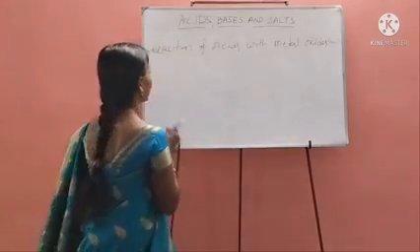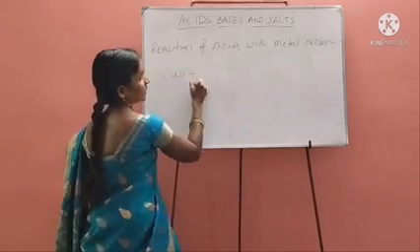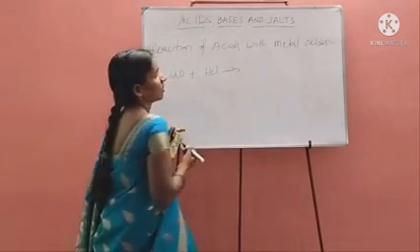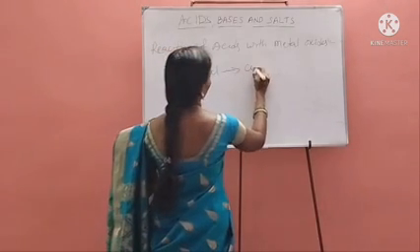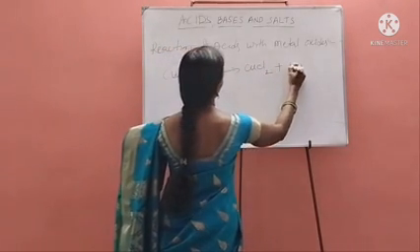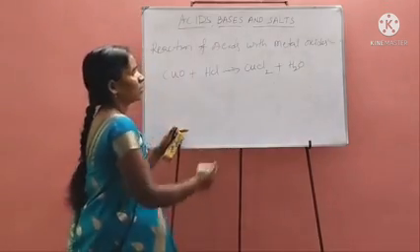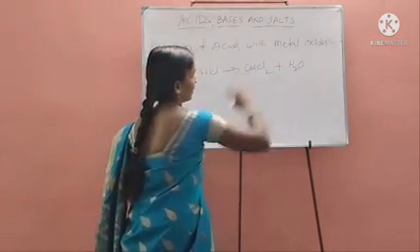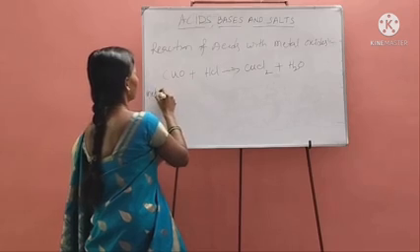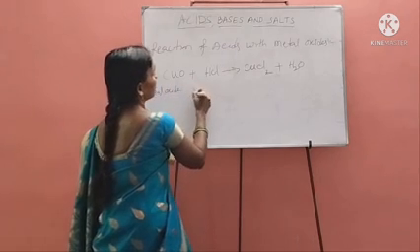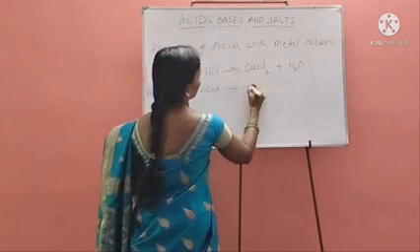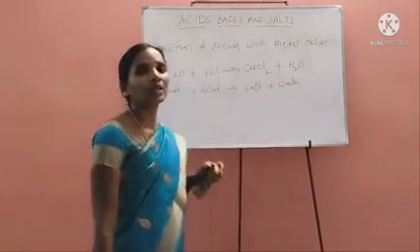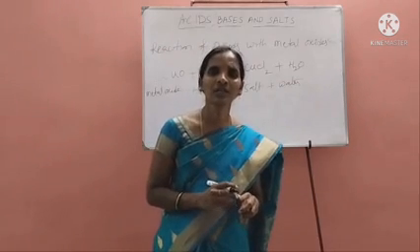For example, metal oxide copper oxide plus HCl forms salt and water. So acids react with metal oxides to give salt and water.